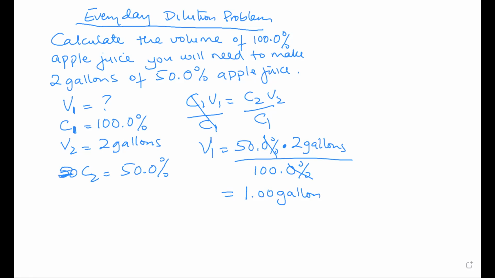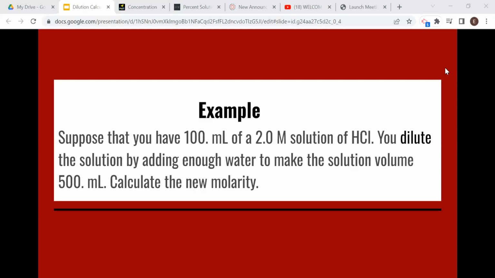Now, let's do the chemistry of this. This example says, suppose that you have 100 ml of a 2.0 molar solution of hydrochloric acid. You dilute the solution by adding enough water to make the solution volume 500 ml.